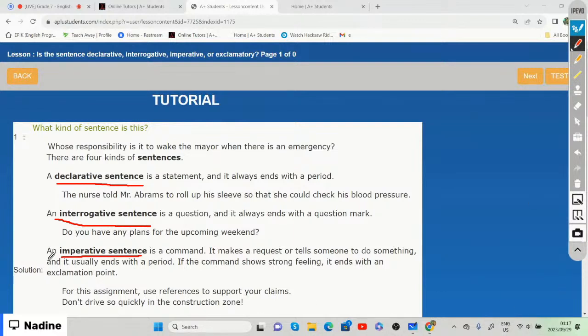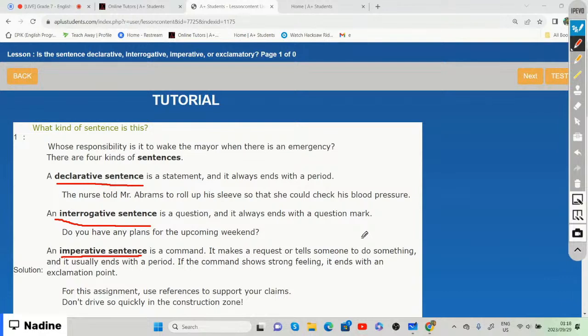For this assignment, use references to support your claim. So basically, your lecturer, your teacher is telling you that you need to use references to support your claims. Otherwise, you won't get a proper mark for it. So it is you being told to use references.